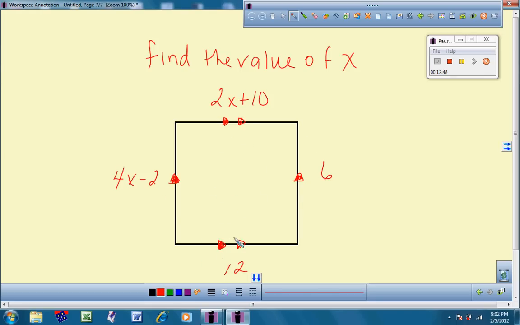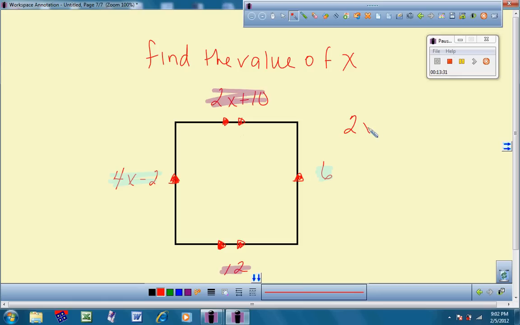So we can actually use either pair of opposite sides to solve for x. We can either use 2x plus 10 is equal to 12, or we can use 4x minus 2 is equal to 6. I'm going to go ahead and take the values that are highlighted in purple.